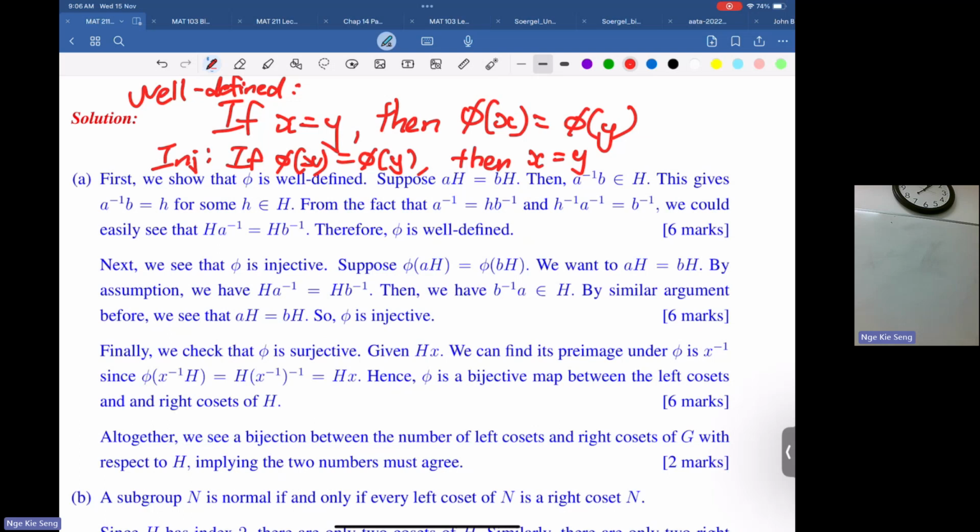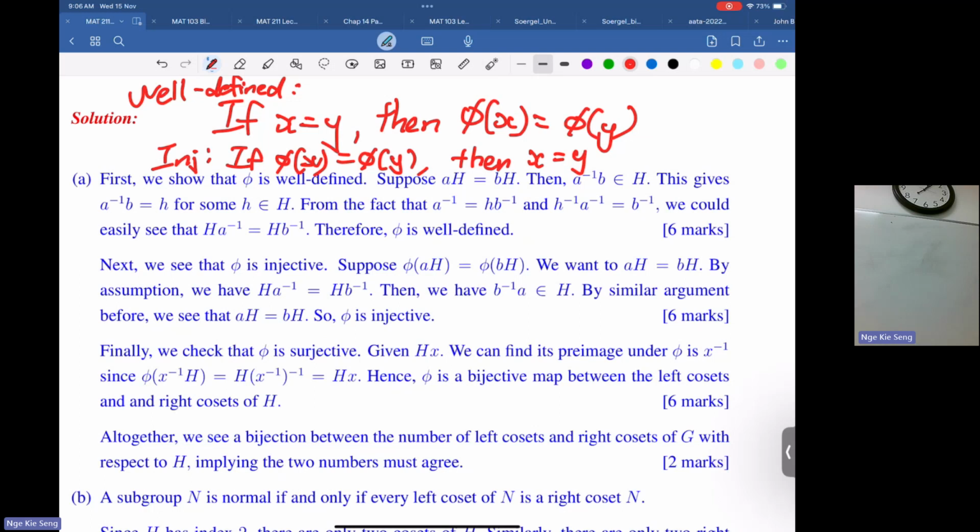So these two are converse to each other. The first direction is well-defined, the second direction is injective. Surjective, I think most of you somehow see it, but you cannot write it properly. You cannot find the pre-image for it. Although you have a hunch that this surely is surjective because you can find one, you don't tell me how to find it.